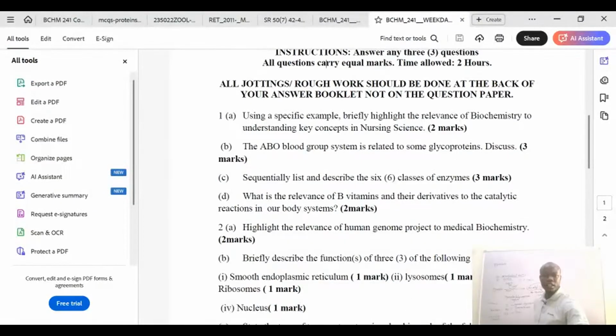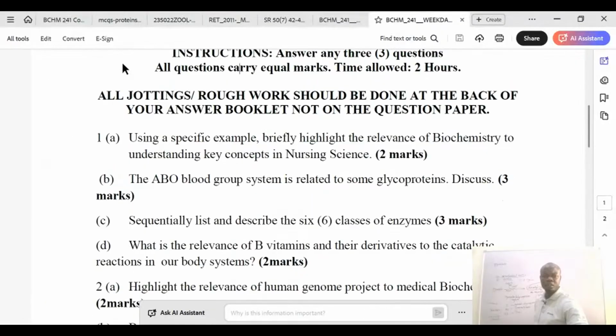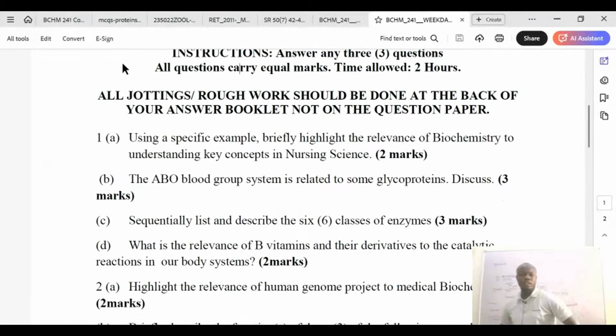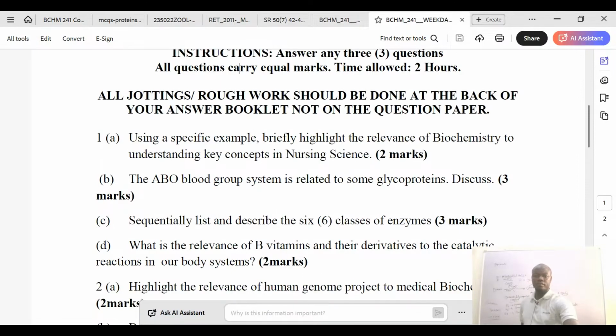Questions that we started answering last time. The first question says, using a specific example, briefly highlight the relevance of chemistry to understanding a key concept in nursing. The next one is: the ABO blood group system is related to some glycoproteins.